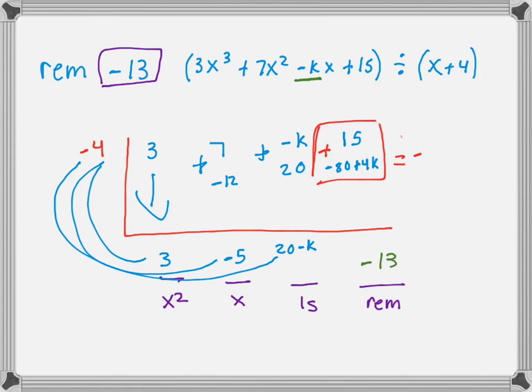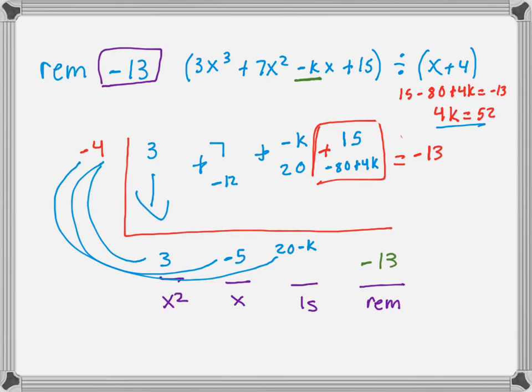So if this has to equal negative 13, we know that 15 minus 80 plus 4k equals negative 13. And just for the sake of time, I'm just going to simplify that for us. And we get to 4k equals 52.